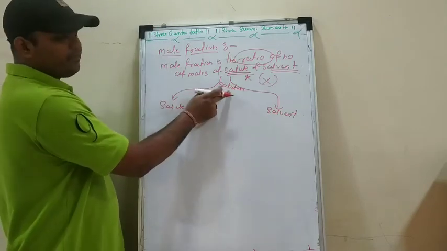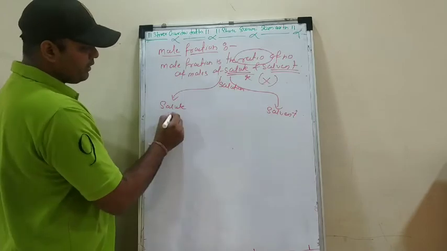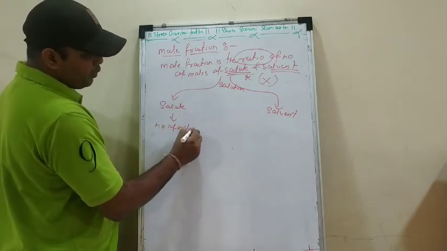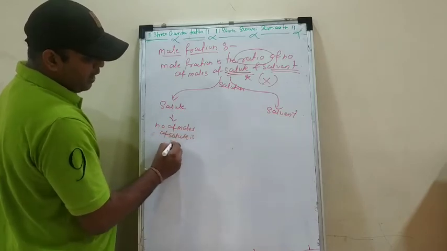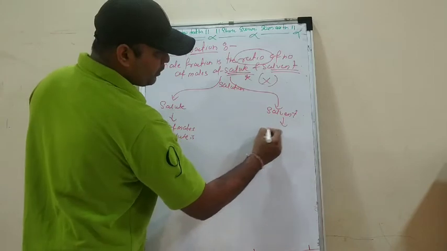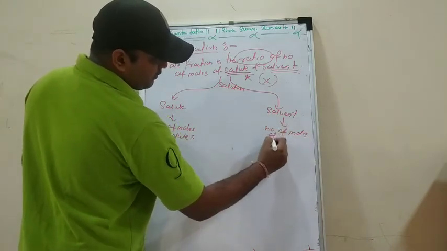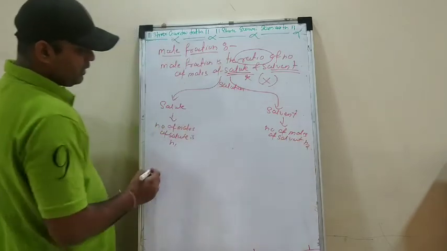Now let's say that we have a solution. In this solution we have a solute and a solvent, where the number of moles of solute is N1 and the number of moles of solvent is N2.